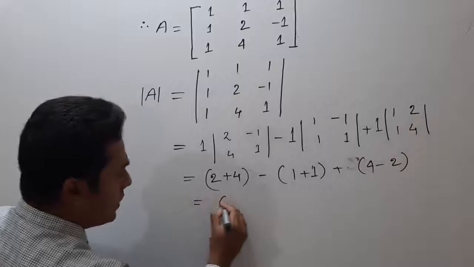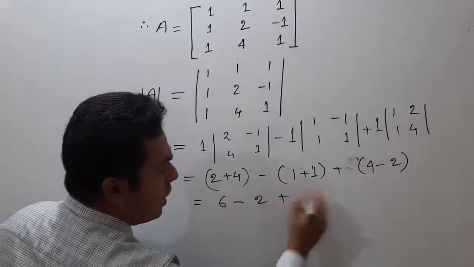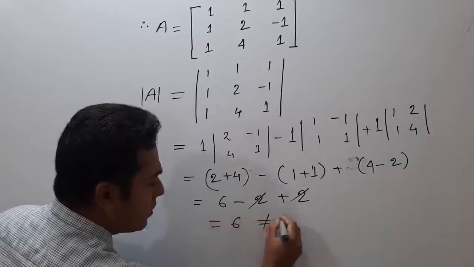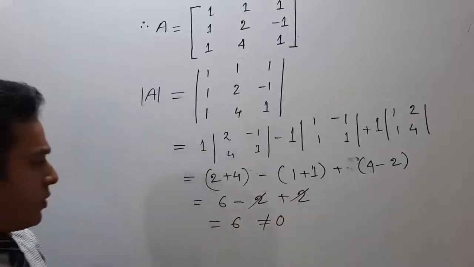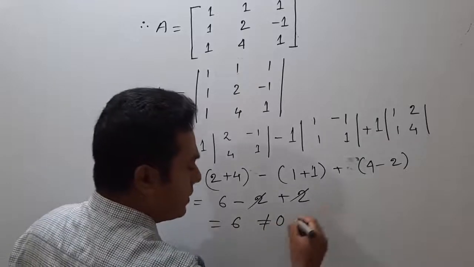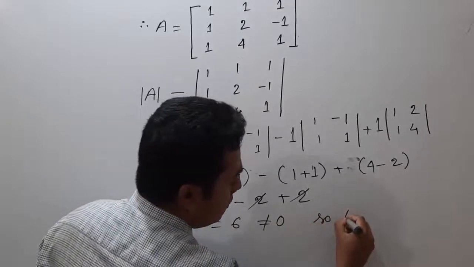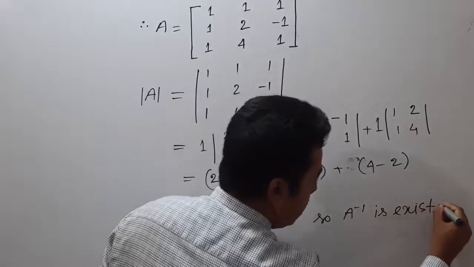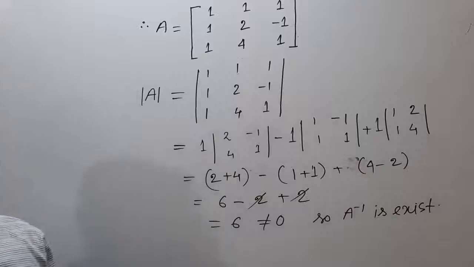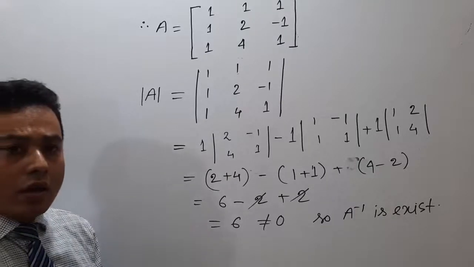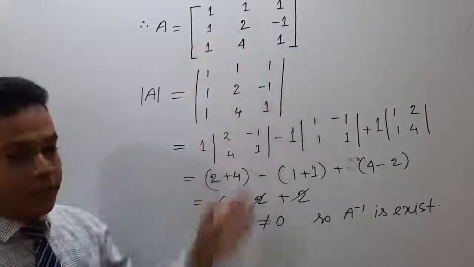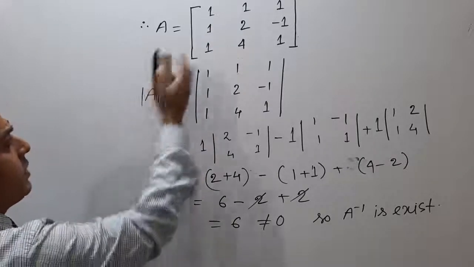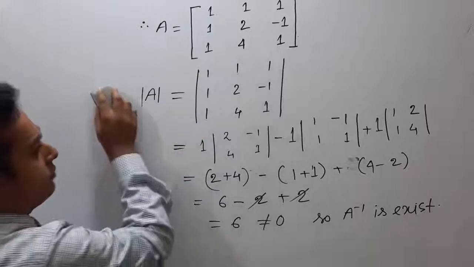So 6 minus 0 plus 2 is equal to 6. This is not equal to 0, so our inverse matrix exists. Now we want the cofactor of each element of matrix A.